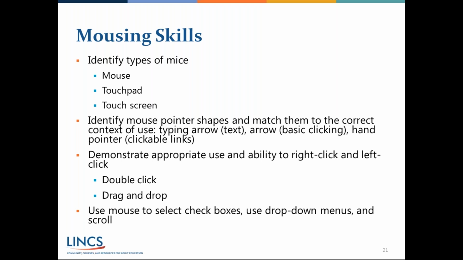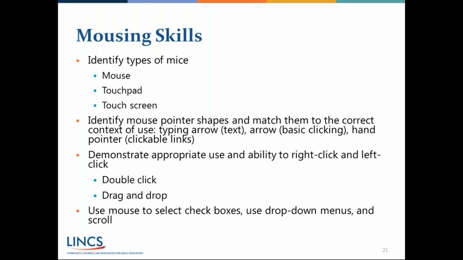Mousing skills: identify types of mice, for example, mouse, touchpad, touch screen. Identify mouse pointer shapes and match them to the correct context of use. And we have some of those shapes there. Demonstrate appropriate use and ability to right click, left click. Very important skill. Something that takes a little longer for some of our new users or novice users.